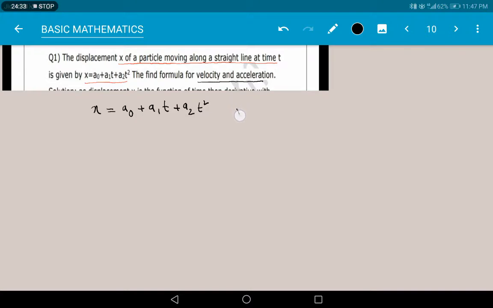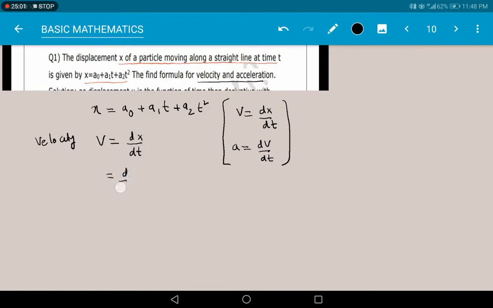So we know that to find velocity, differentiation with respect to the time, and to find acceleration, the differentiation of velocity with respect to the time. So first find the velocity formula. So v equals, we are going to write dx by dt. So substitute here d by dt of a naught plus a1 t plus a2 t square.